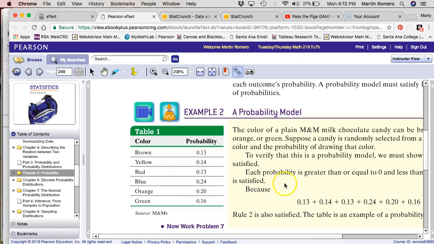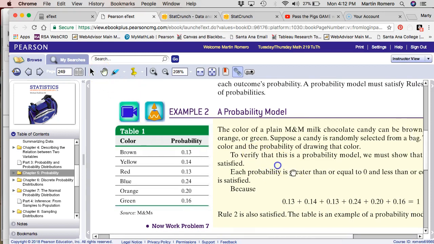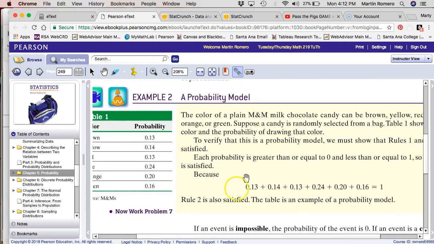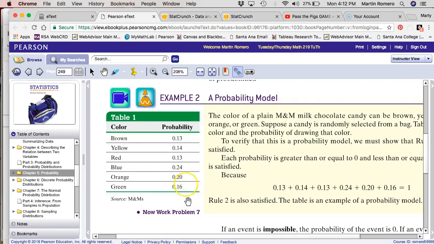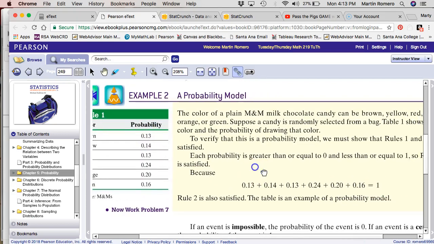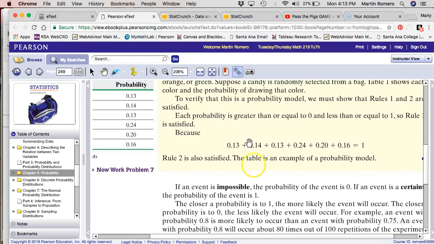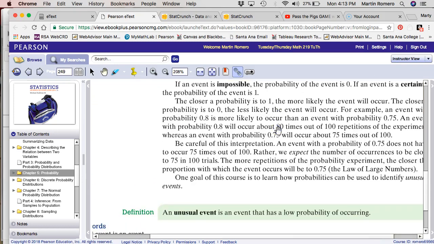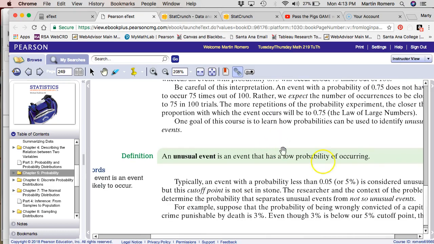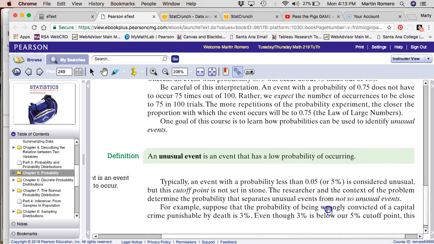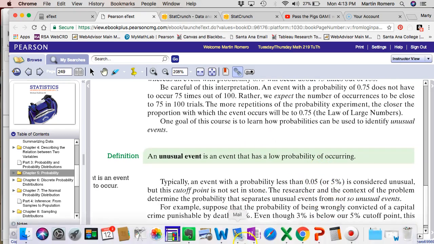And you can see it follows the rules. When you add them together, it equals 1, and each probability is a value between 0 and 1. So this is why this would be considered a probability model. Again, you can look at this in the book, which has the definitions. And you can see that we can define whether something's unusual or not with a 5% cutoff.